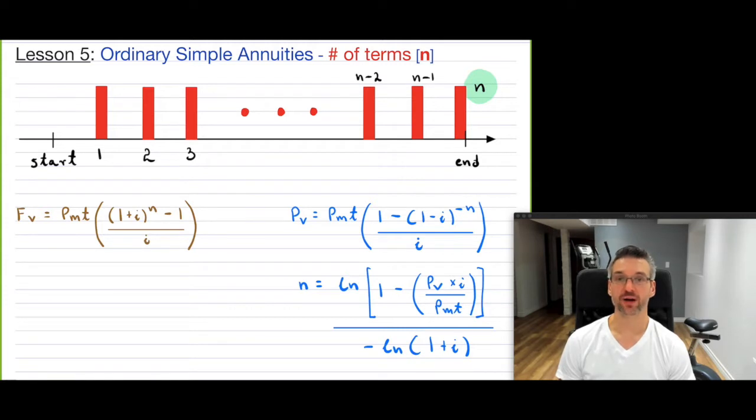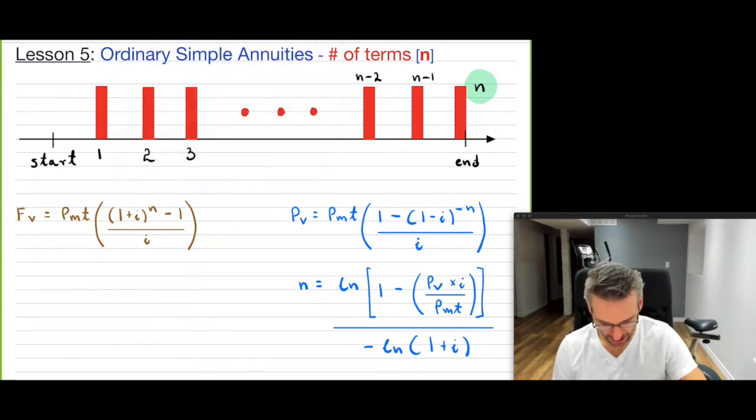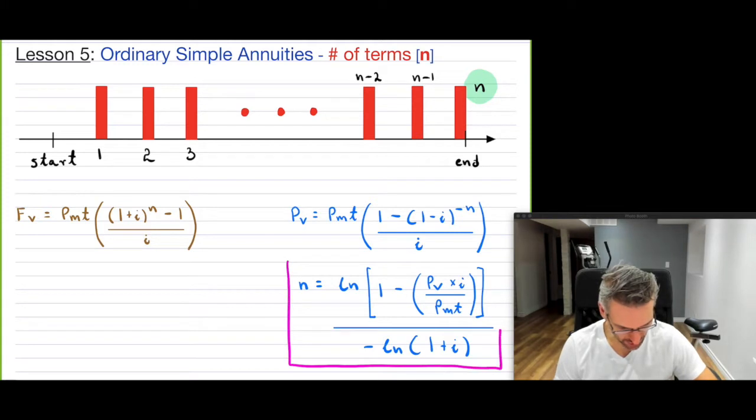If we know the present value, we know the payments and we know the interest, then again, we can isolate for N, and I've actually shown you here what the equation is. So I have shown the equation right here.